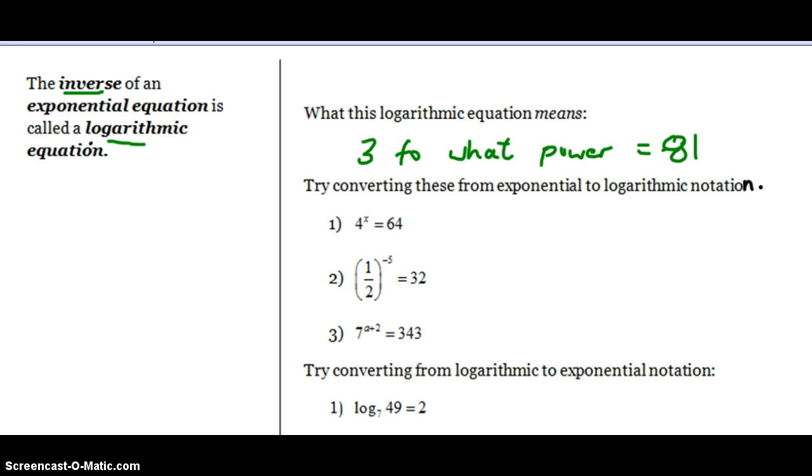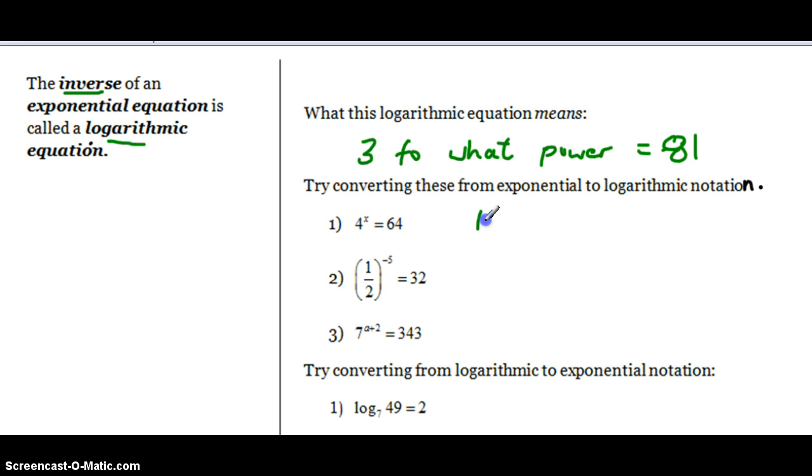All right, so the first step before we start solving is just practice this conversion from exponential to logarithmic notation. And the way you start when you convert from exponential to log is to realize what the base is. The base for this exponential is 4. And the first thing you always write down when you convert from exponential to log is log.